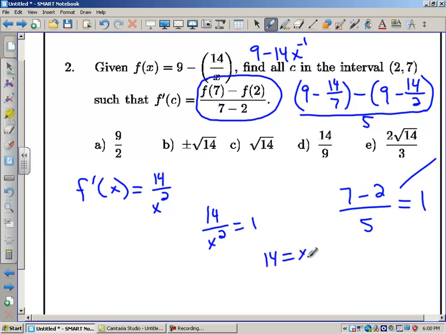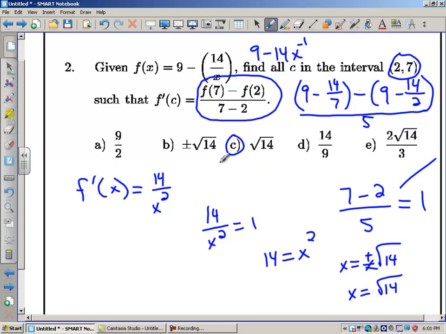So 14 must equal x squared. So x is plus or minus the square root of 14. Now the mean value theorem says this number has to be in this interval from 2 to 7. So I'm only going to use the square root of 14, because negative square root of 14 is not in the interval from 2 to 7. So this answer is C. That is the place on the x-axis where the tangent line would be parallel to the secant line.